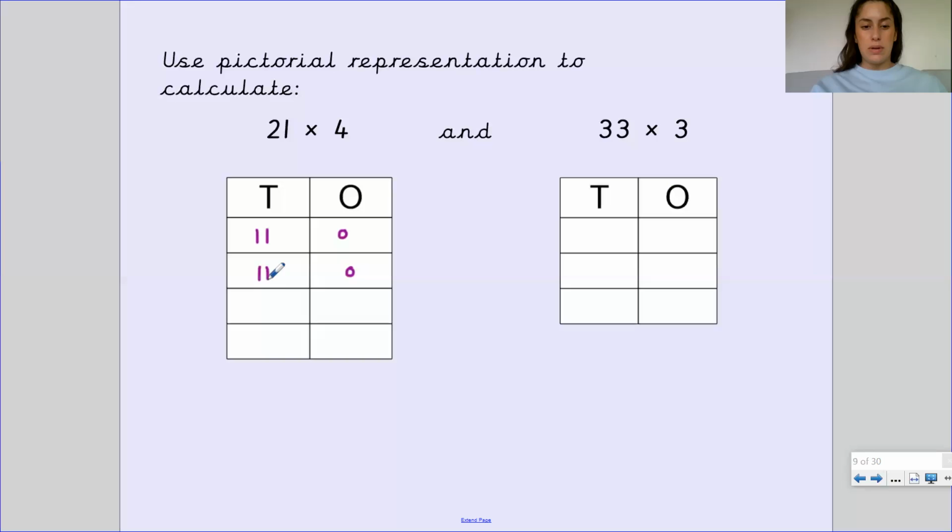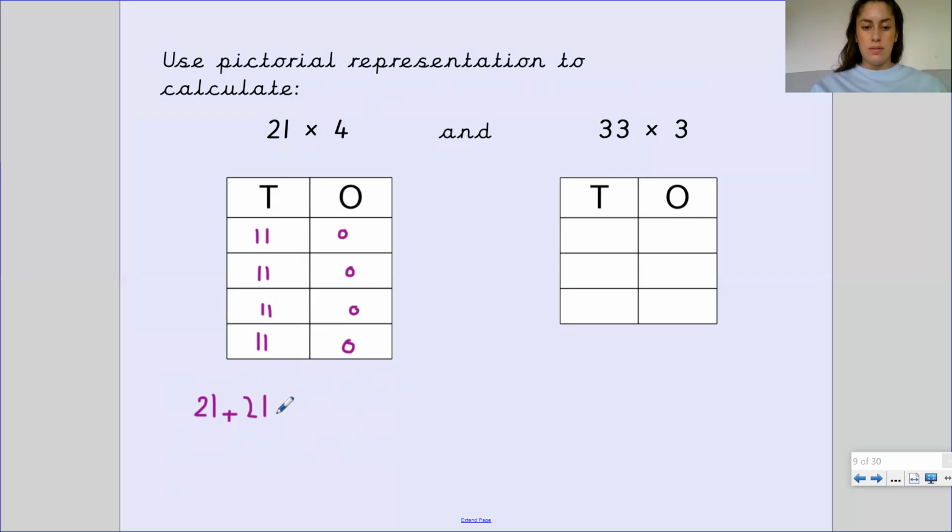That's 2 lots of 21. And that is 3 lots of 21. And finally, 4 lots of 21. So 21 times 4 equals, you could represent it as 21 plus, how many times are you going to add 21 together? 4 times.